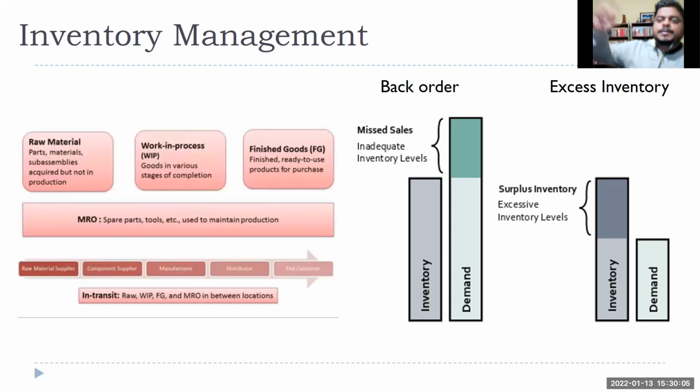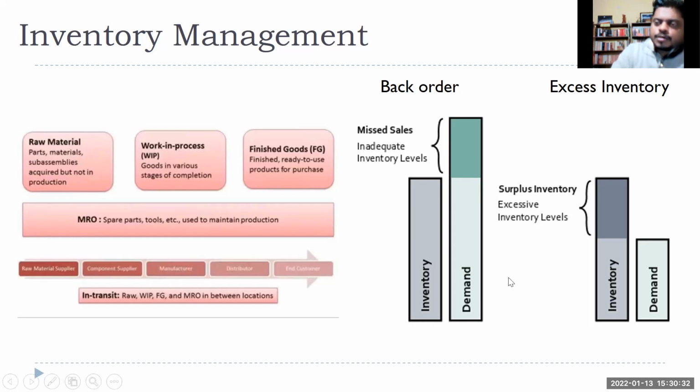This is actually helping me for production. This is not an actual part of production, right? Think about any assembly line. So many machines are there, so many robots, so many automated machines. To operate them in an optimized way, we have to have those maintenance and repair tools, right? We need to have those oils, we need to have those wires. So those are MRO inventory.